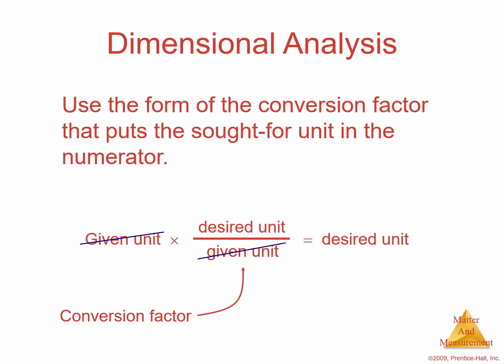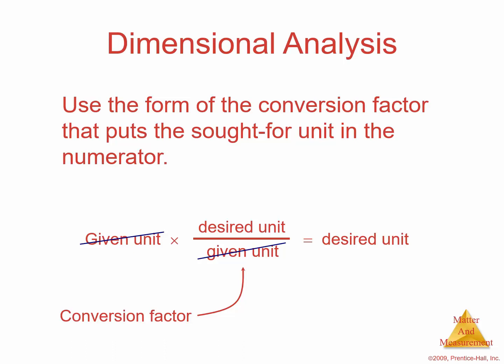This is the given unit that you want to convert into the desired unit. So you multiply this by a conversion factor which consists of desired unit divided by given unit. This is the conversion factor.